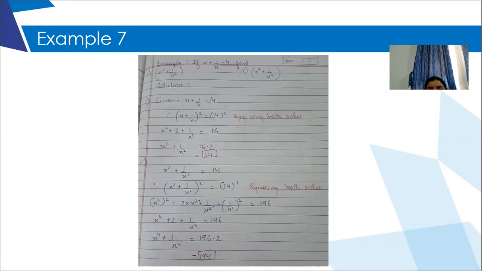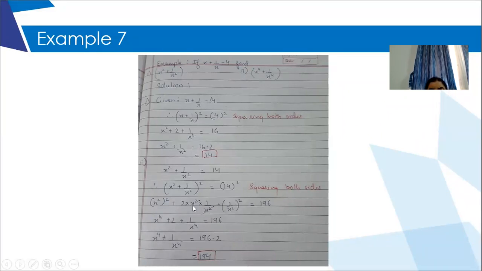So in place of a, I have written x square. In place of b, I have written 1 upon x square. In the spread also you will do the same thing. In place of a, write x square, and in place of b, write 1 upon x square. And then you solve it.